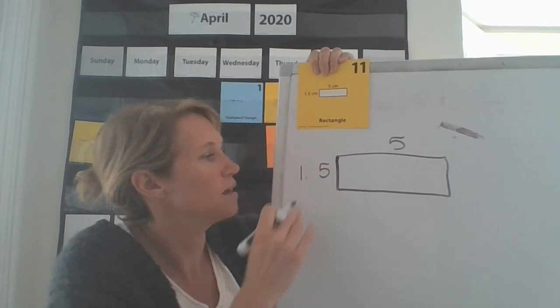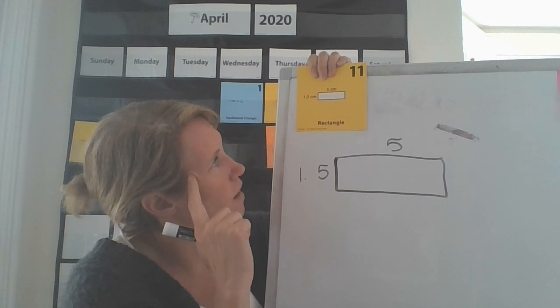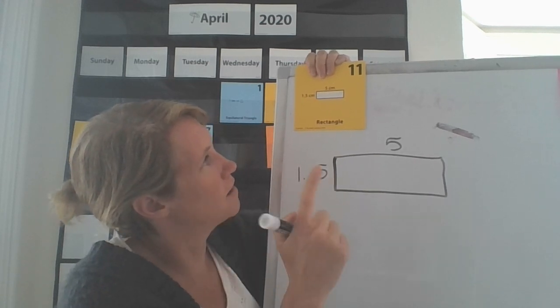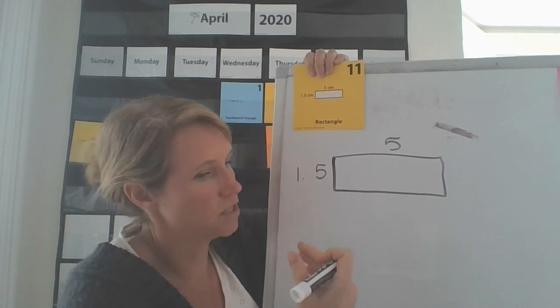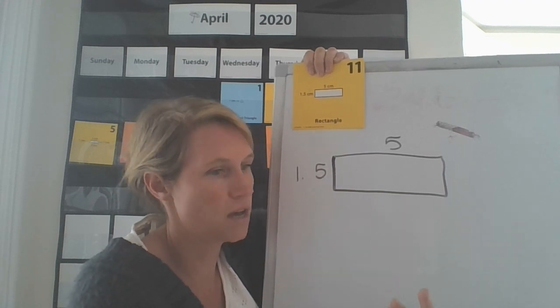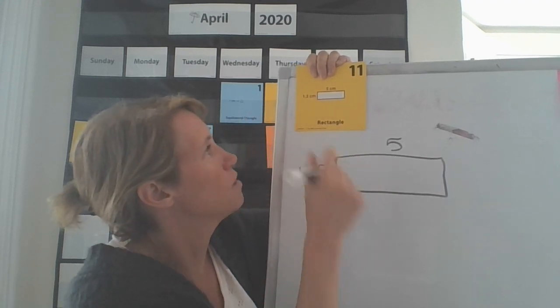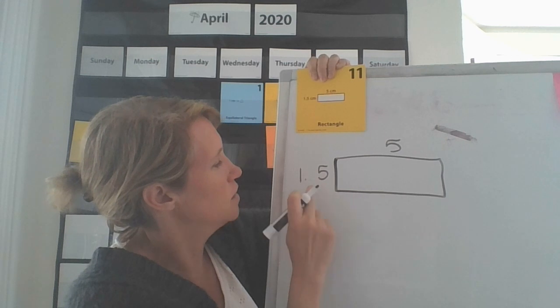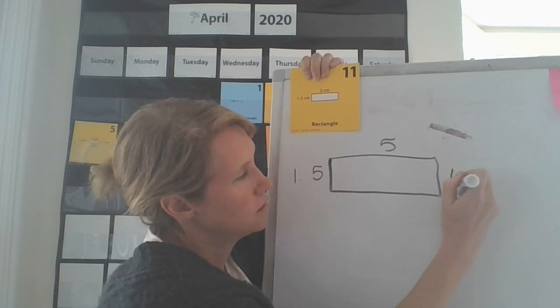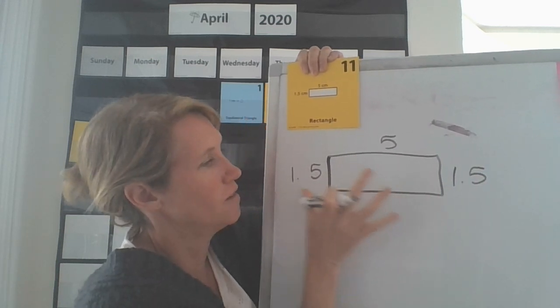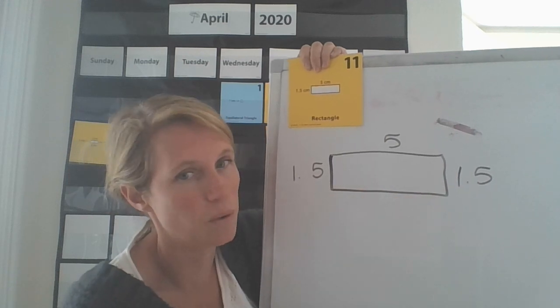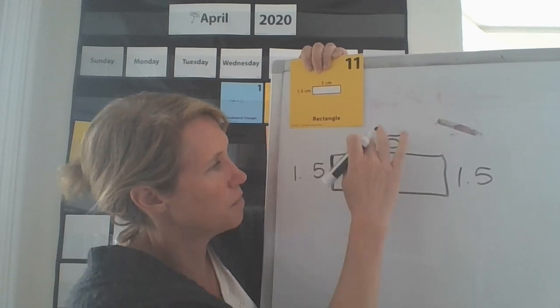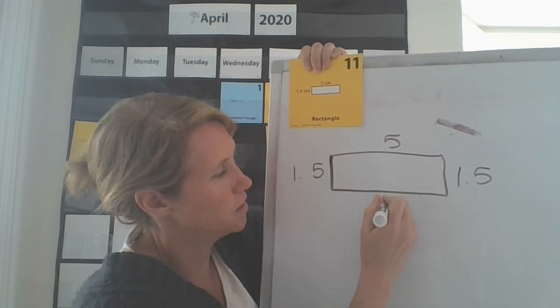In this case, I know that I want to add up the sides, right? So I know that two opposite sides have a measurement of 1.5 or 1 5/10, and the opposite sides are the same.